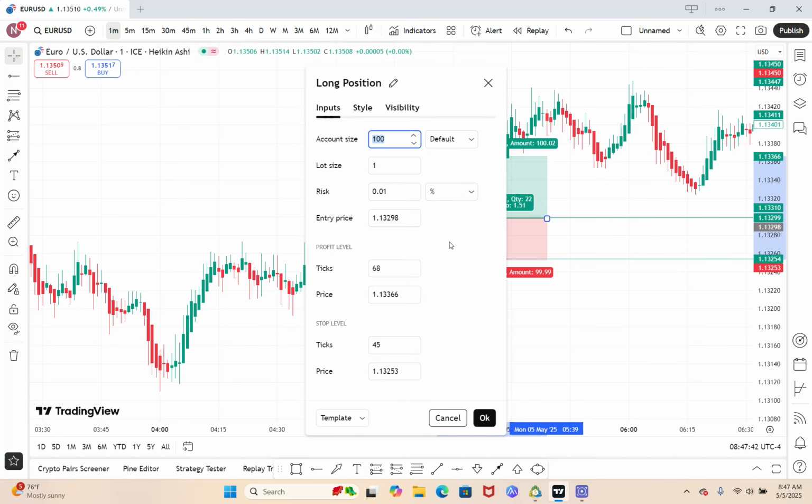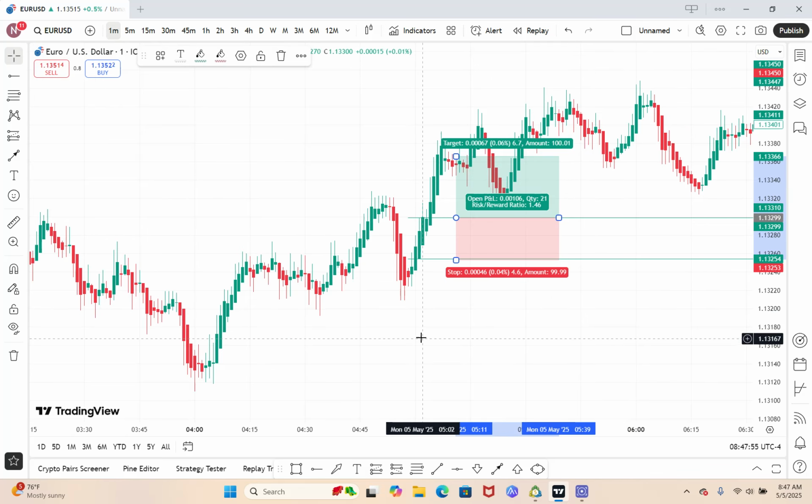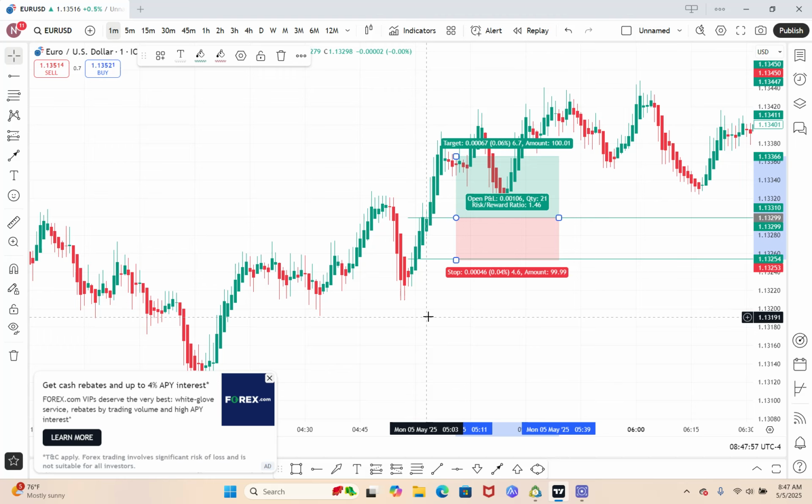Yeah, risking about 45 pips. About 45 pips. Make 100 pips.